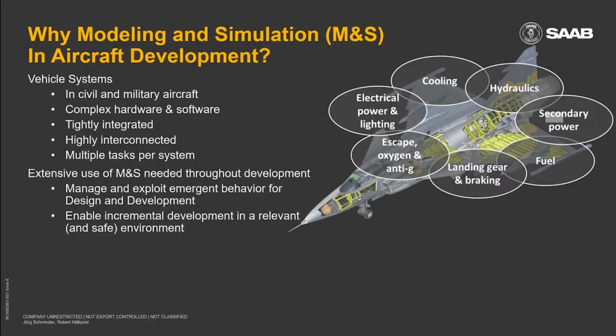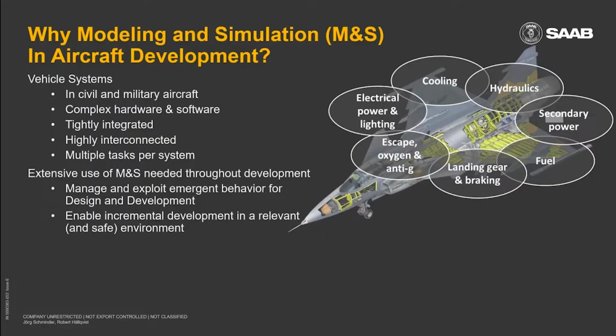So cooling systems, hydraulics, fuel system, etc. Nowadays, we also classify propulsion systems as a general vehicle system. Today, they typically consist of both complex hardware and software parts. They are tightly integrated with the aircraft as a whole and highly connected to one another. And each subsystem is designed to solve a number of different tasks.